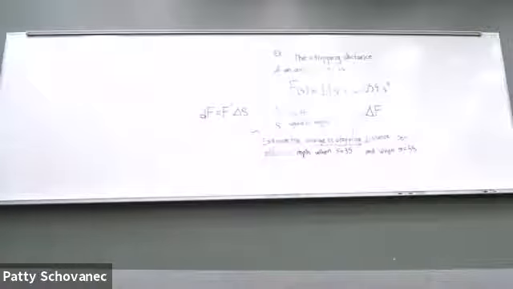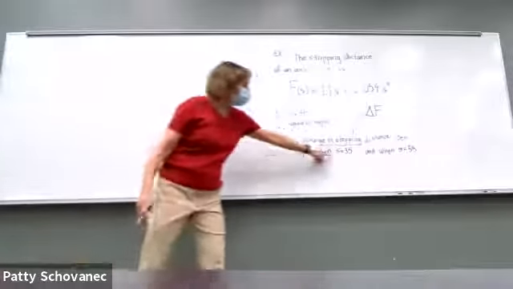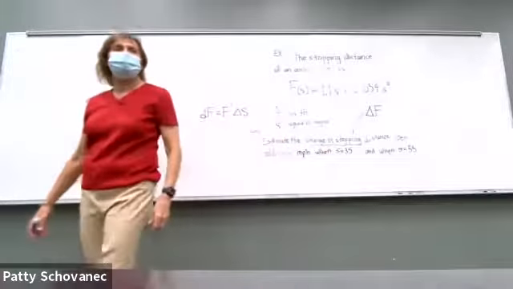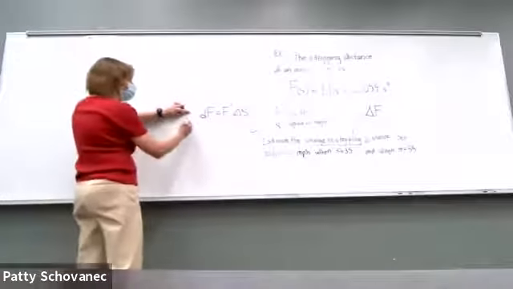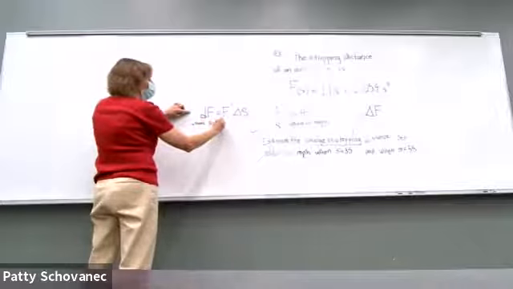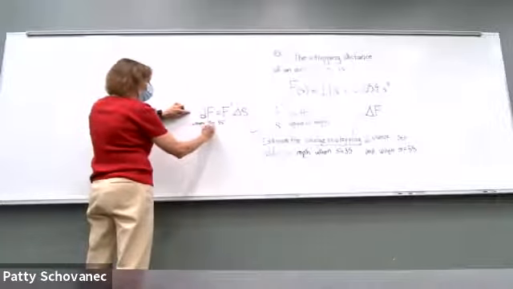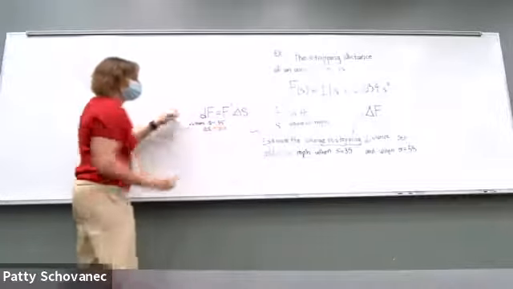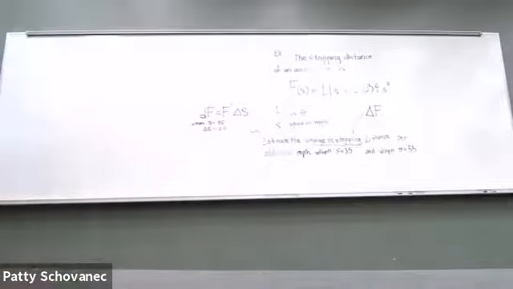But f prime is going to be a function of s, so we'll have to use one of those as our s. It doesn't matter which one, let's just use s as 35. So we want to compute this when s is 35 and delta s is 20, the difference between the 35 and the 55.